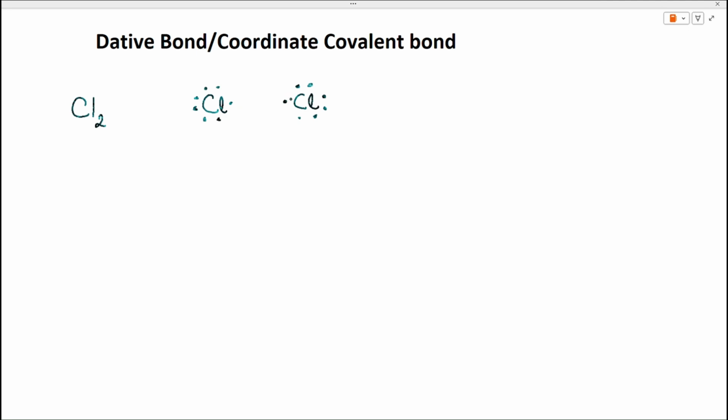So for that, one pair of electrons is being shared by both the chlorine atoms. So this is the formation of a regular covalent bond where the pair of electrons being shared are equally contributed by each of the chlorine atoms.